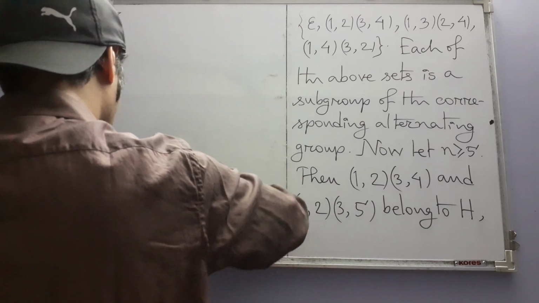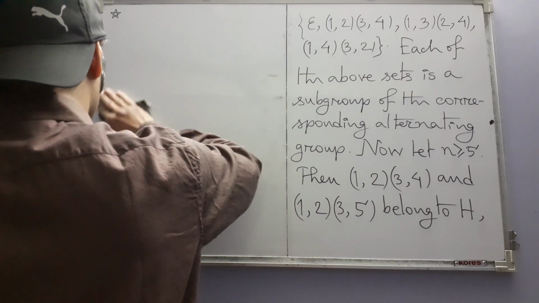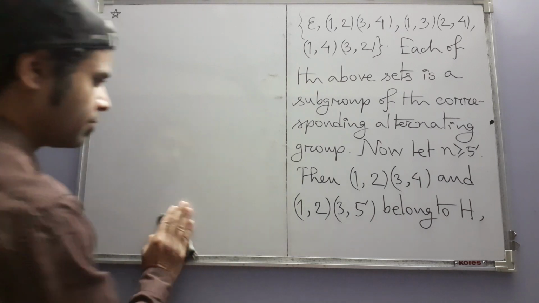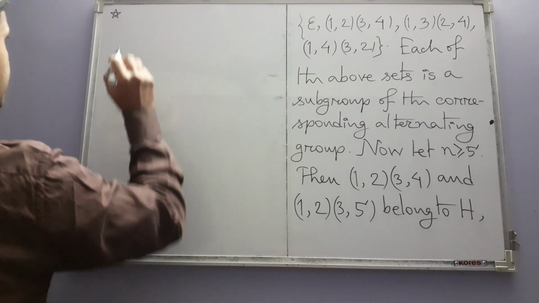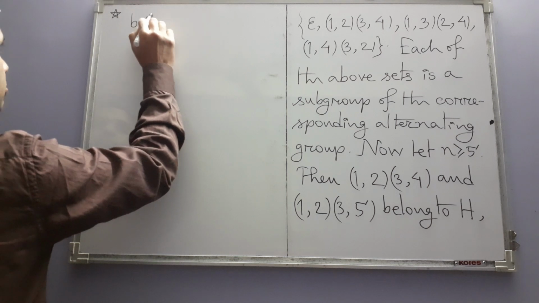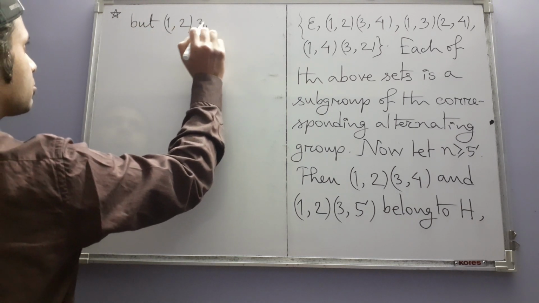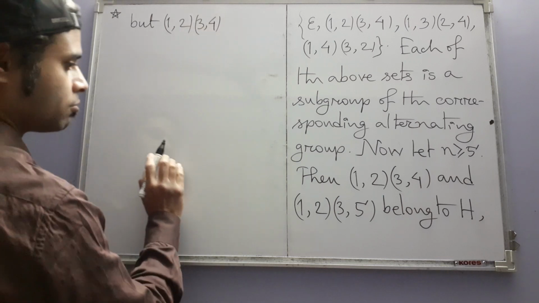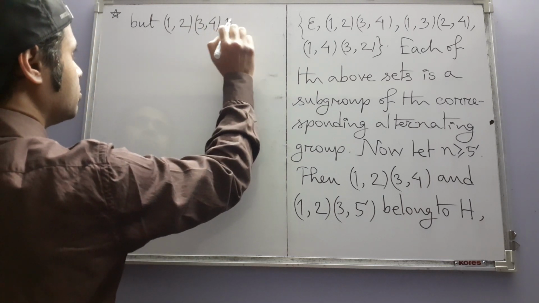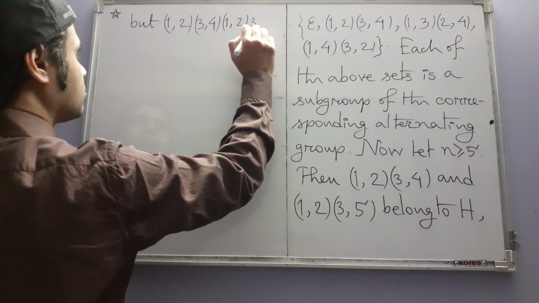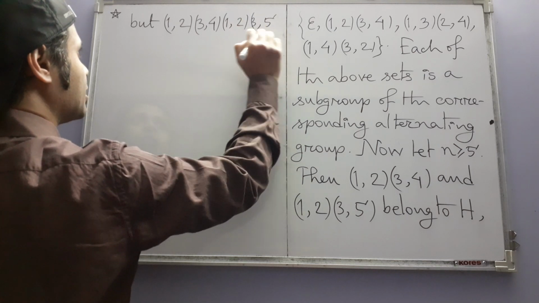So now the only thing we have to do is calculate the product: 1, 2, 3, 4 times 1, 2, 3, 5.